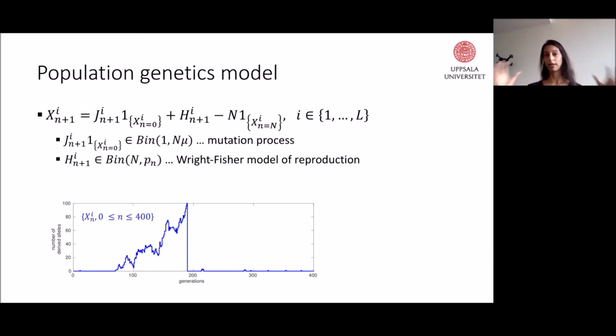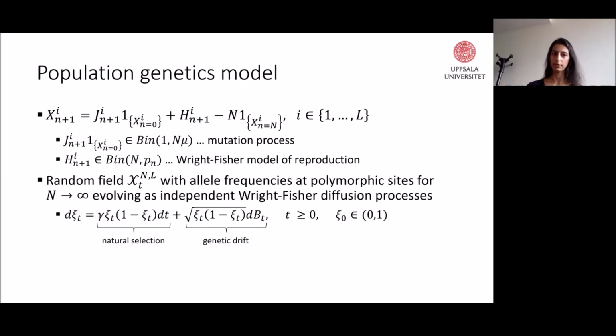Then we have a collection of L sites, meaning we have L of those Markov processes, meaning we have a random field, which I will denote as X_L(t). So what are now the properties of this random field? If we let n tend to infinity, we know that the allele frequency trajectories can be described by the Wright-Fisher diffusion process, which allows us to model genetic drift as well as natural selection.